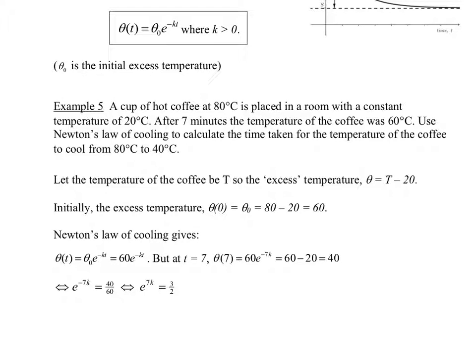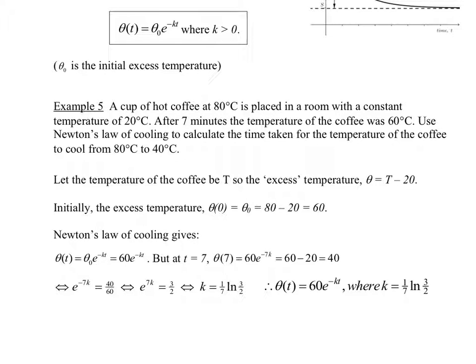If this confuses you, you do it a different way. You'll get k approximately equal to 1/7 ln of 3 over 2. Once you've got that, you can plug it back in, so your equation now has k equal to 1/7 ln of 3 over 2.